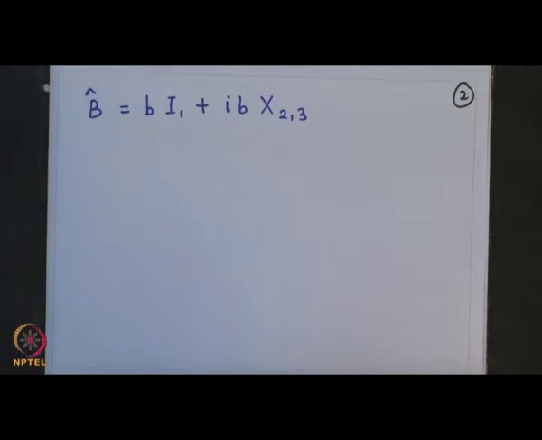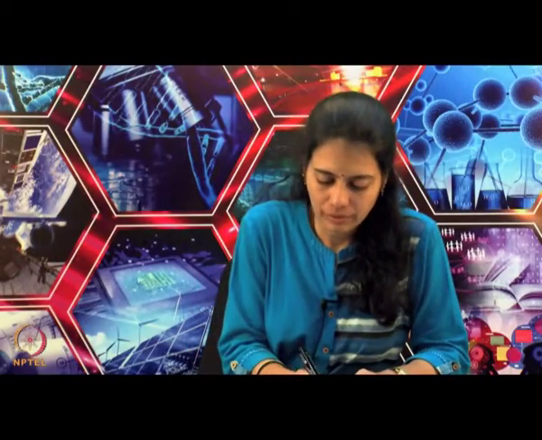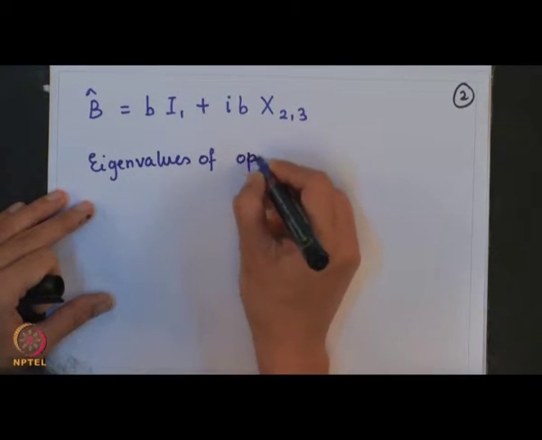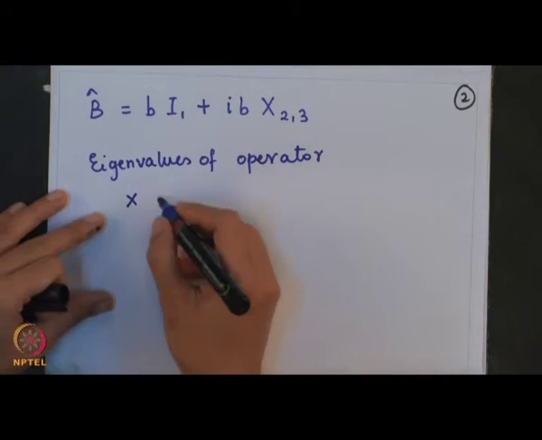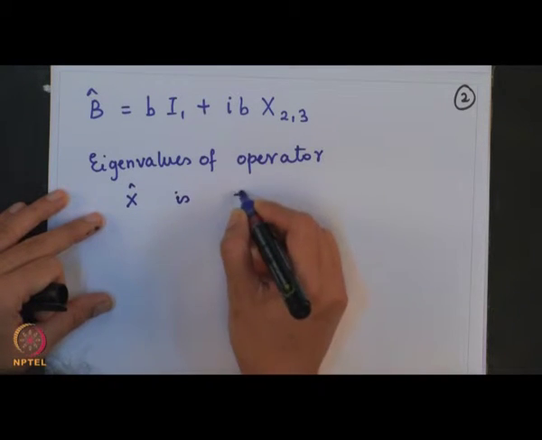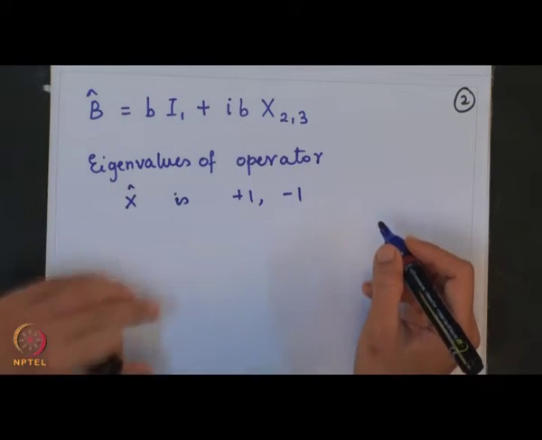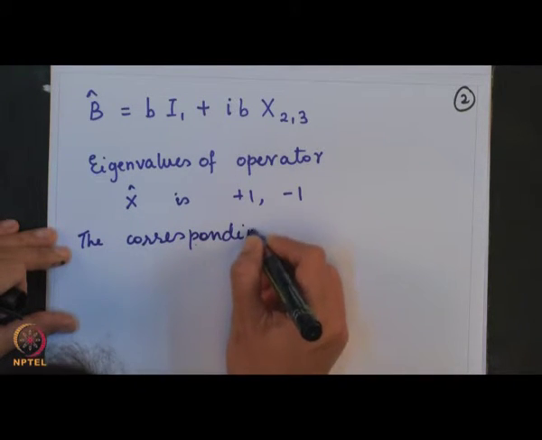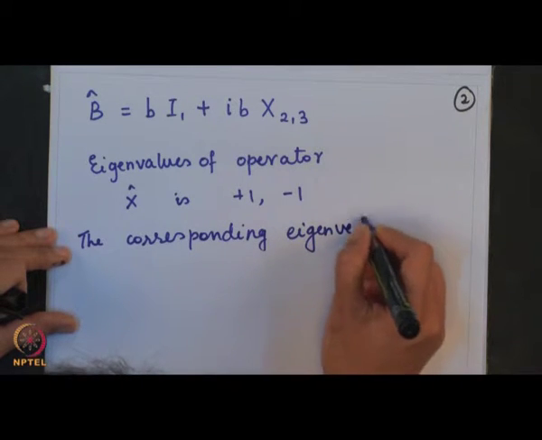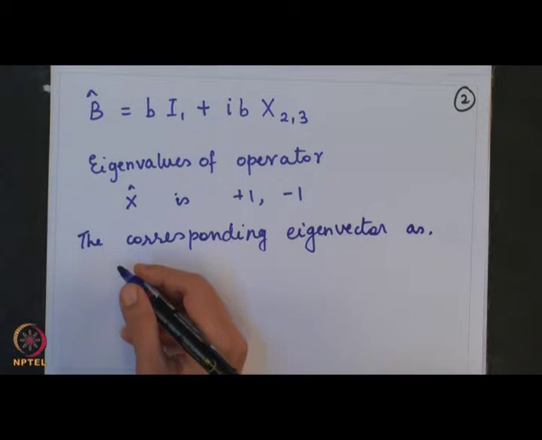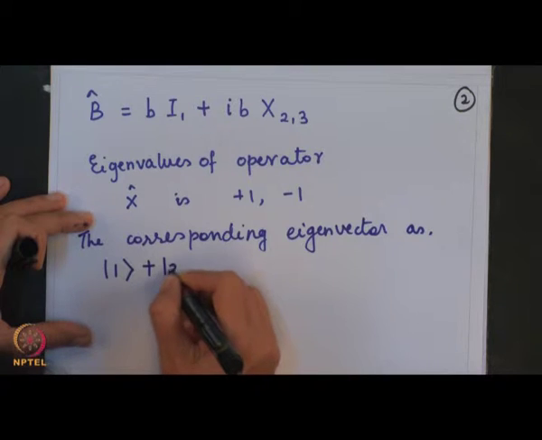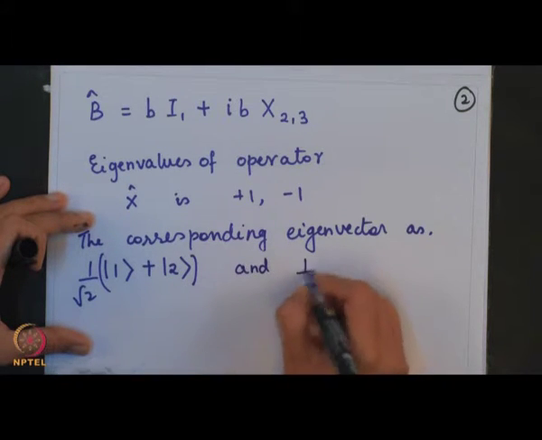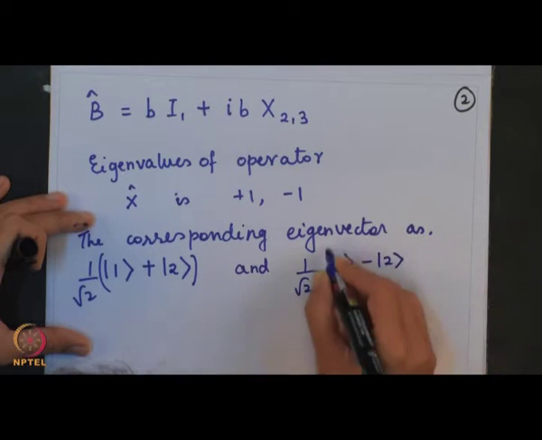So let me write the eigenvalues of x: plus 1 and minus 1, and the corresponding eigenvectors are 1 over root 2 times ket 1 plus or minus ket 2.